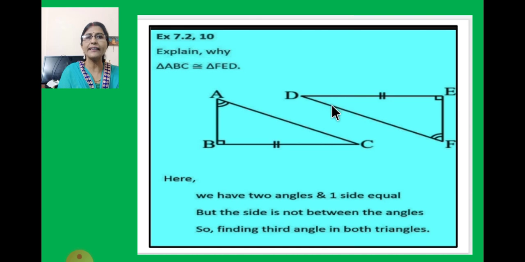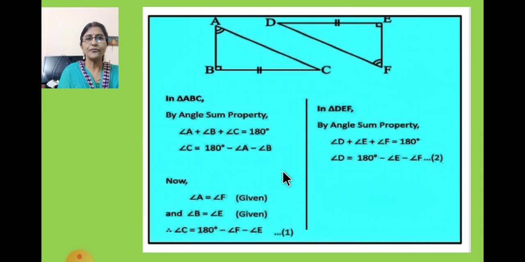Then only we can prove that these two triangles are congruent by ASA congruence rule. So let us see how to find that. So first we will take this triangle ABC, by angle sum property. We have learned in triangles and their properties, we have learned the angle sum property and you know it. Angle A, so we'll use that.